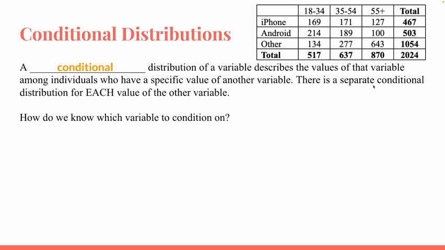So there's a separate conditional distribution for each value of the other variable. So how do we know which variable to condition on? So we are going to think, do you think age determines type of phone or type of phone determines age? So we could do it either way, but which one makes more sense?